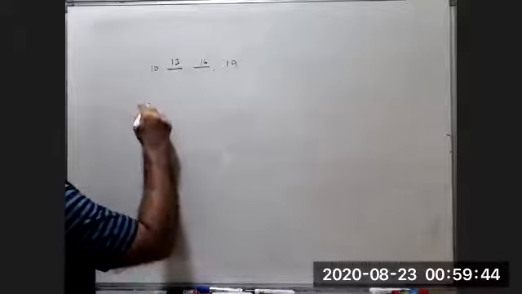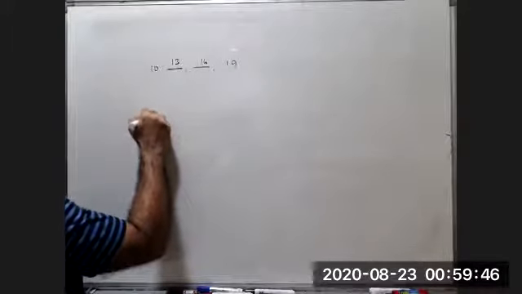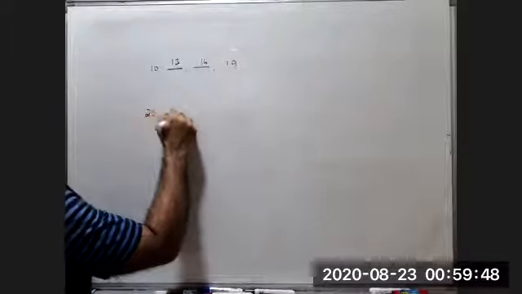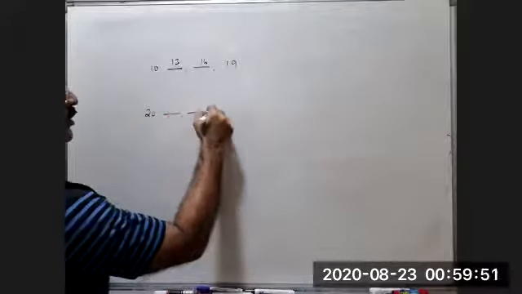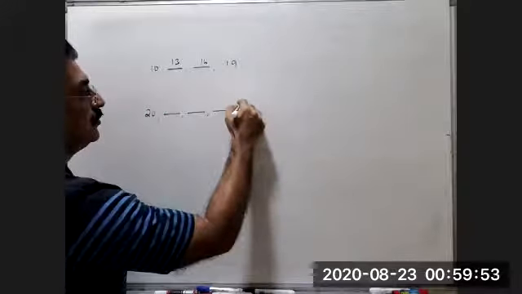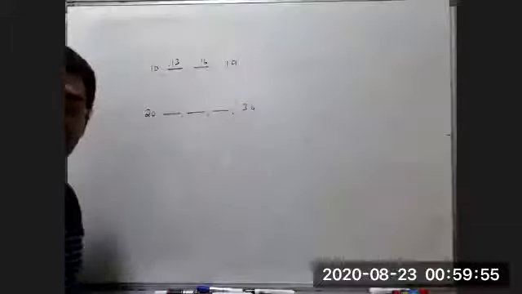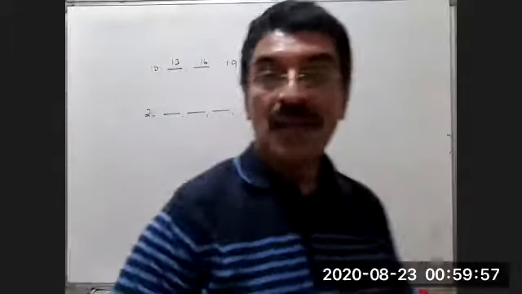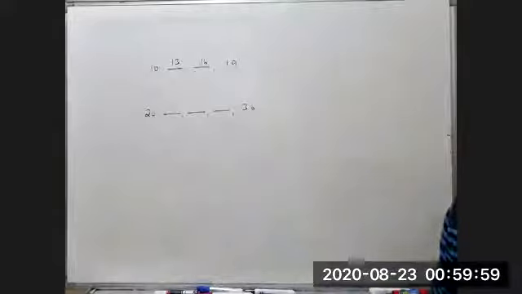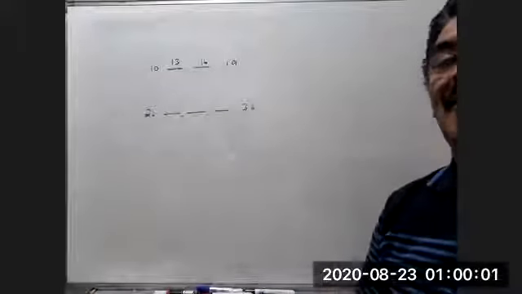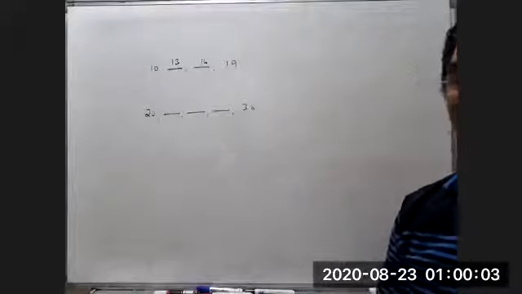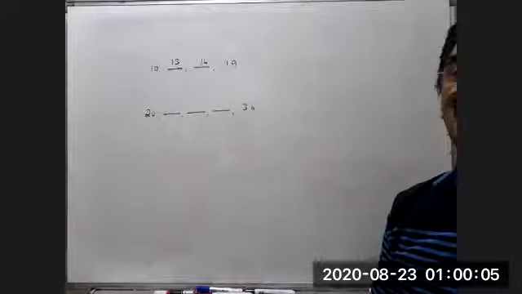If it is 20, with three numbers in between, which are those three numbers? Anyone?